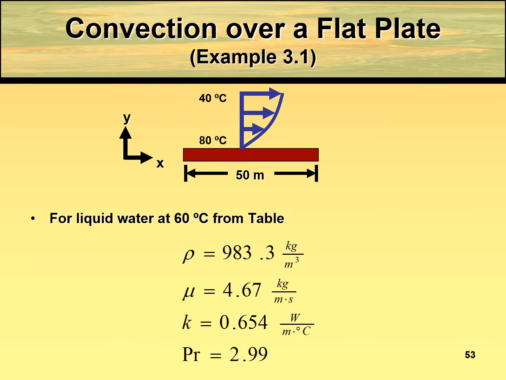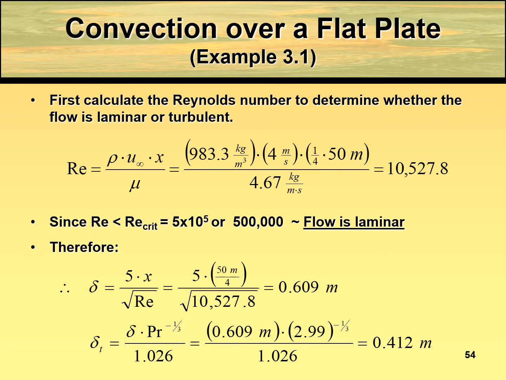So in the first iteration, when the film temperature is 60 degrees Celsius, you can find for liquid water at 60 degrees Celsius from the table the density, the dynamic viscosity, the thermal conductivity, and as well the Prandtl number. Then you do the calculation for the Reynolds number and check whether at 1/4 it is in the laminar flow region or already in the turbulent flow region.